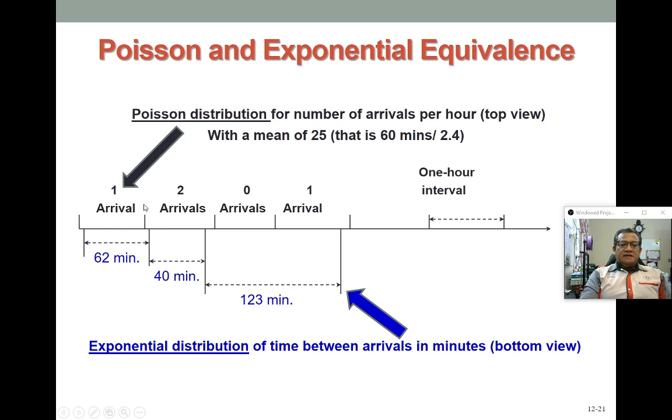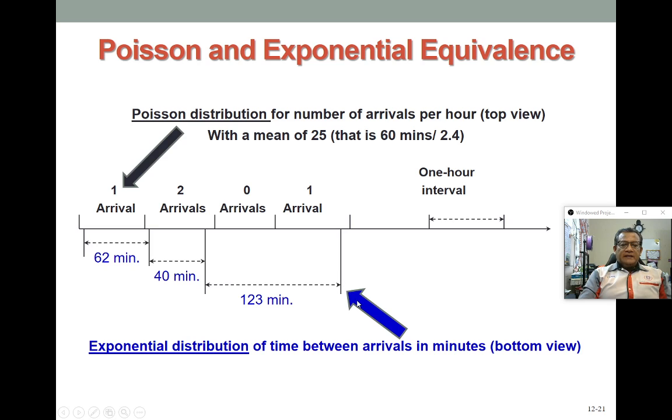It compares, between equal time lengths, how many arrive within that interval. However, the exponential distribution observes the time between arrivals in minutes. So this is arrival 1, and then it waits another 62 minutes before the second arrival, and it waits another 40 minutes for the third arrival, and next it will wait 123 minutes for the fourth arrival of patients or customers.